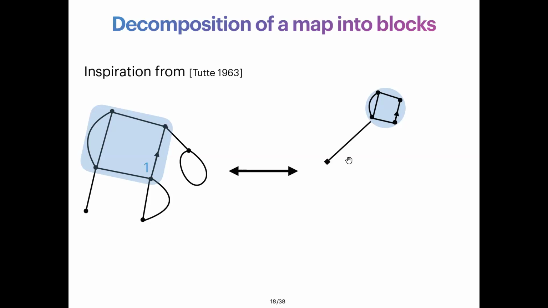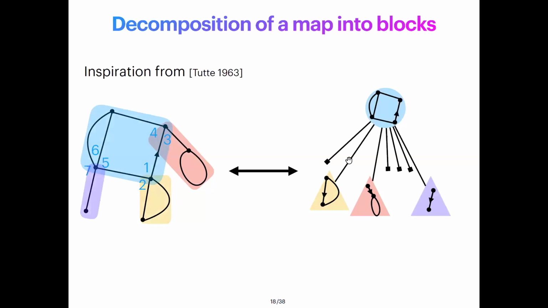We write down what we find in each corner. So in the first corner, we find nothing. That's why we write this small black square. In the second corner, we find this yellow map. Third corner, this red map. Fourth, fifth, sixth, seventh, this purple map. Eighth, ninth, 10th. And in fact, since the order on the corners is fixed, all the information we have on the right is sufficient to get back the map we had on the left.